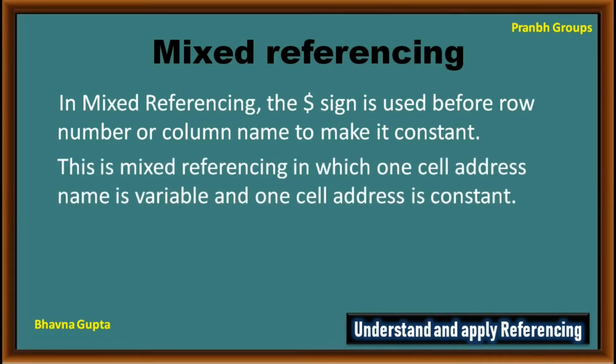This is mixed referencing in which one part of the cell address is variable and the other is constant. Example, $B1 or B$1. In the first example, the column name is constant, and in the second example, the row number is constant.